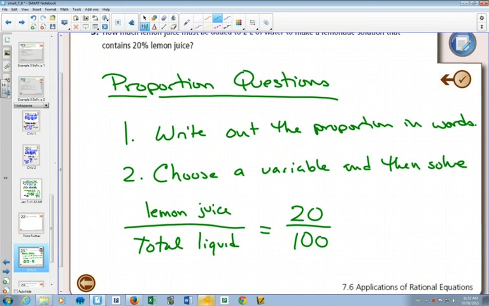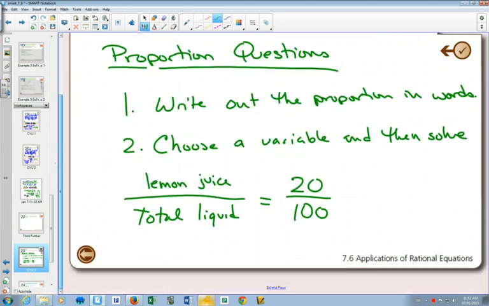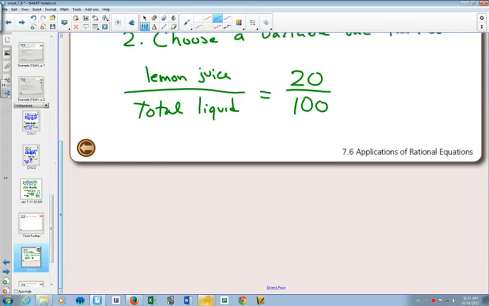That's our proportion. Now, what happens in the question here is now we're going to choose a variable. What variable do you want to use for lemon juice? L. So we've got L as our lemon juice. What is our total liquid here? 2 liters. That's where we're going to make the mistake. You're going to want to write 2 liters here. 2 liters.